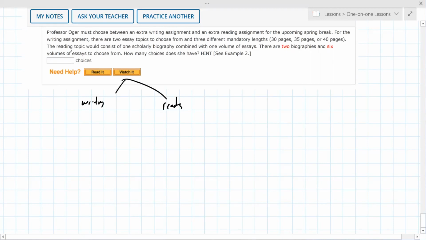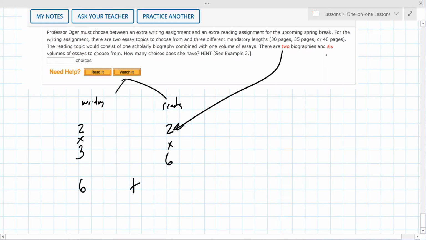We're going to add up whatever it is. For the writing assignment, there are 2 essay topics and 3 different lengths. So to me, there's 6 possible outcomes there, 2 times 3, you multiply those together. Plus the reading one, it says that it's a biography and a volume of essays. So there's 2 of those and 6 of those.